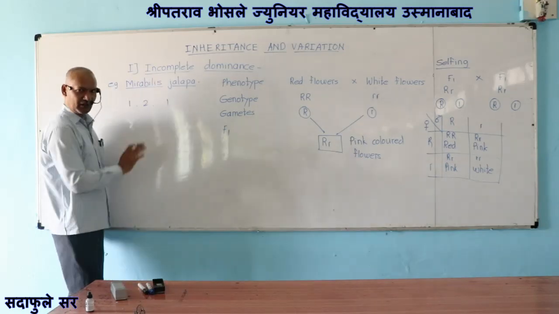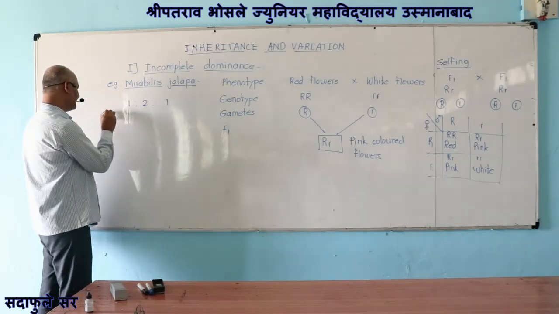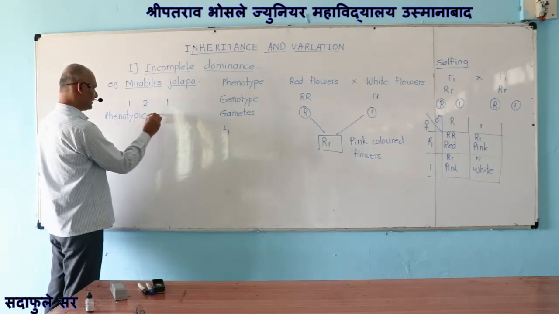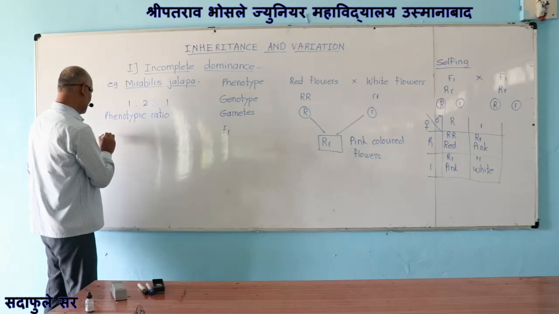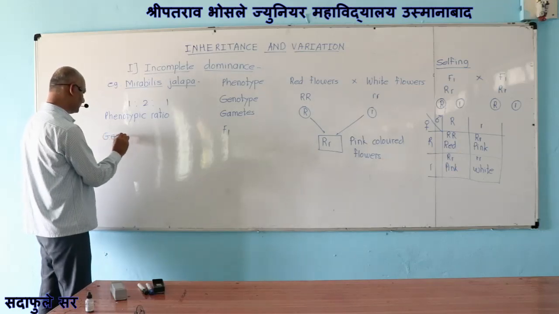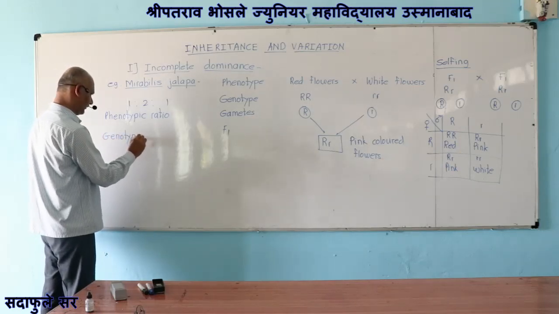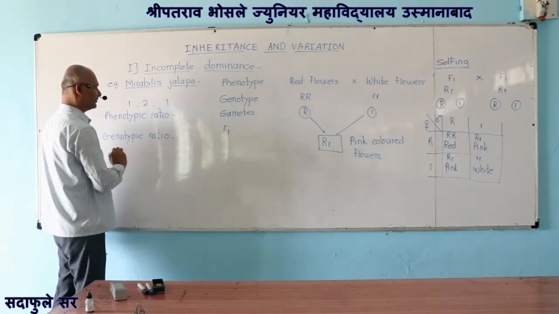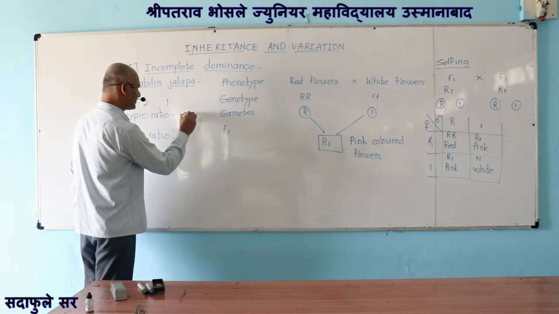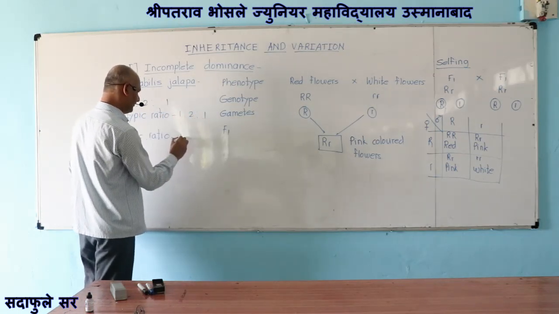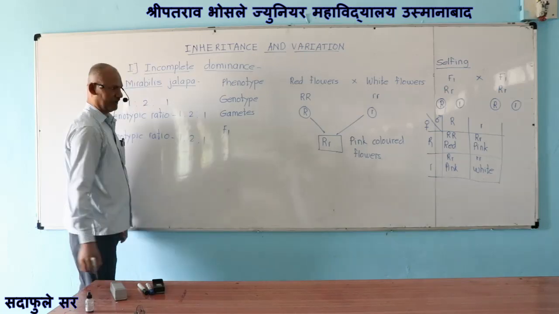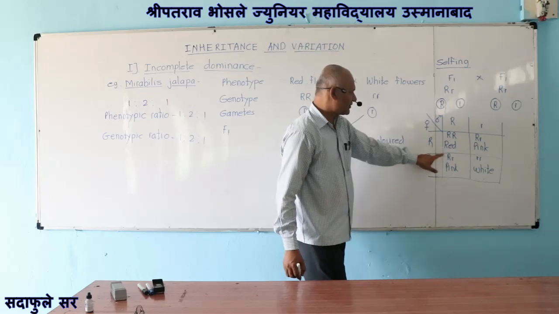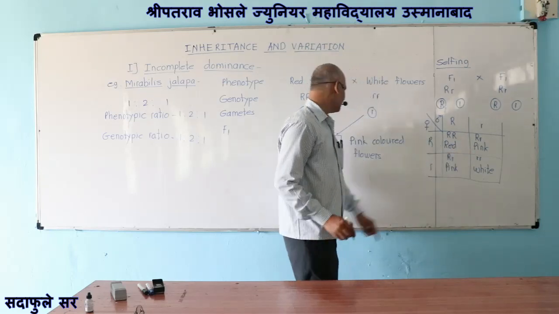In incomplete dominance, both the phenotypic ratio and genotypic ratio are same, that is 1:2:1 and 1:2:1. Okay, 1 red, 2 pink and 1 white.